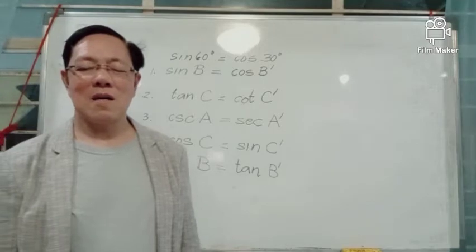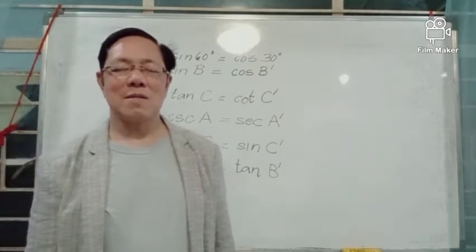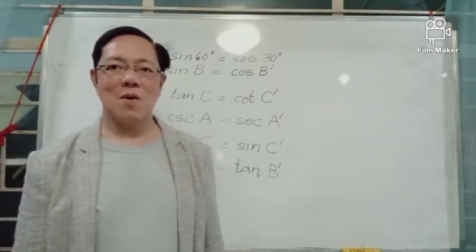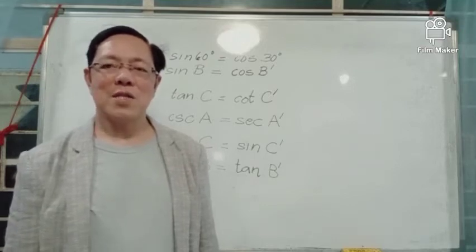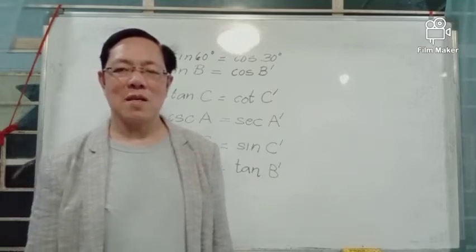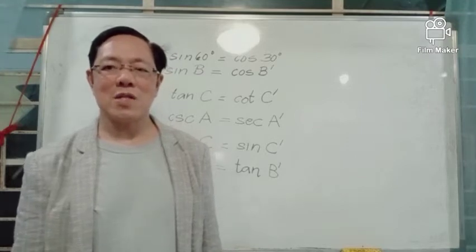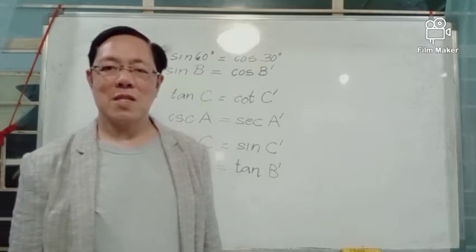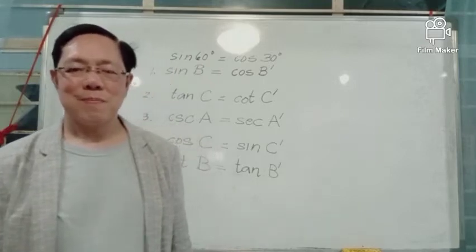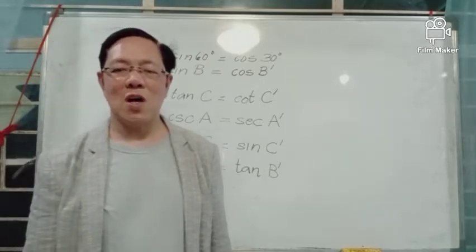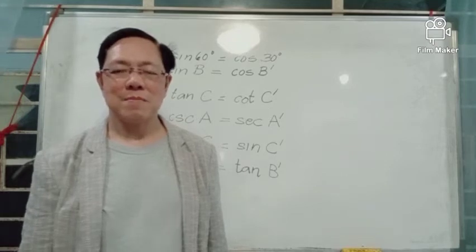Cosecant is the cofunction of secant, and secant is the cofunction of cosecant. And the third and last pair of cofunctions is tangent and cotangent. Cotangent is the cofunction of tangent, and tangent is the cofunction of cotangent.